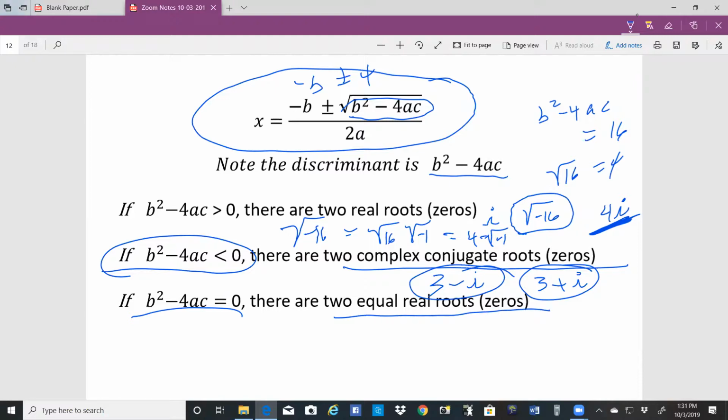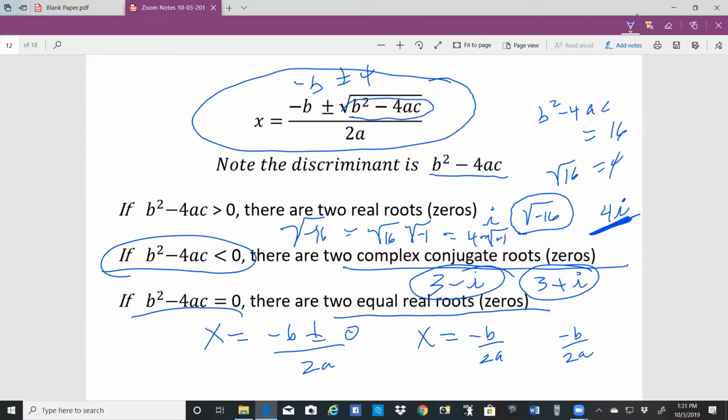In other words, if x is equal to minus b plus or minus the square root of b squared minus 4ac, and that is 0, then the roots are minus b over 2a and minus b over 2a. They're two equal roots.